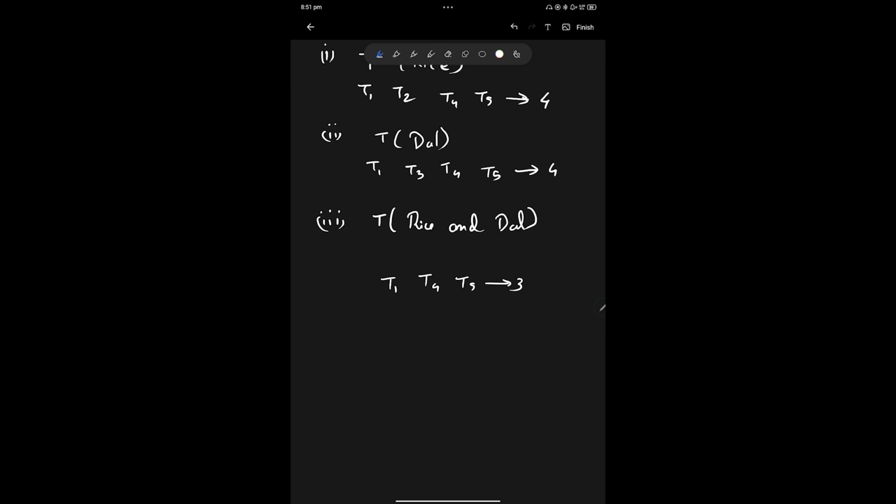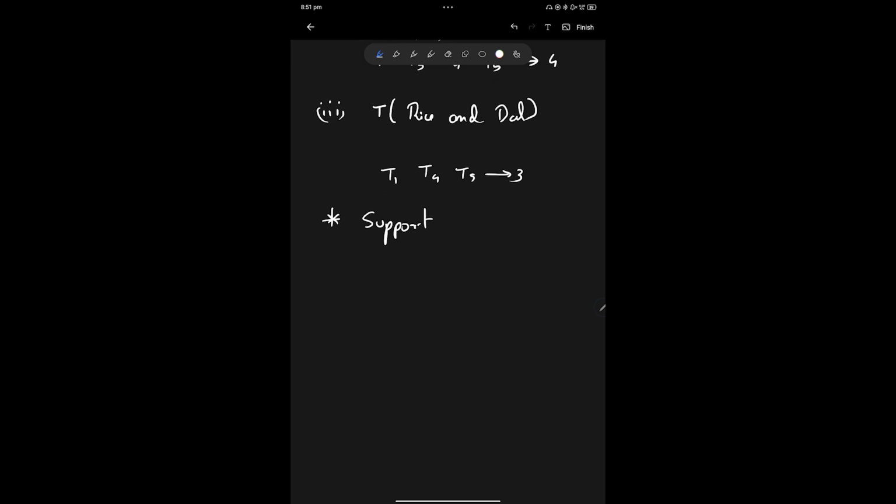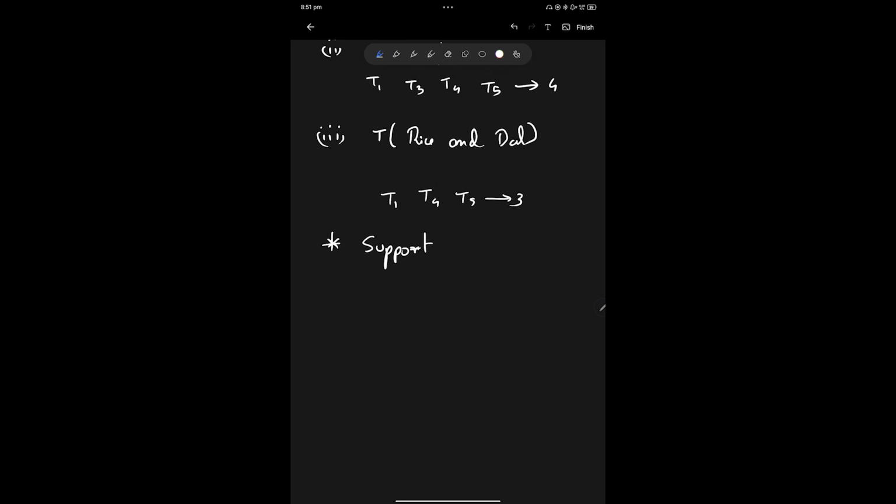Now we have to find the support and confidence. So first step, support. How do you calculate the value of the support?